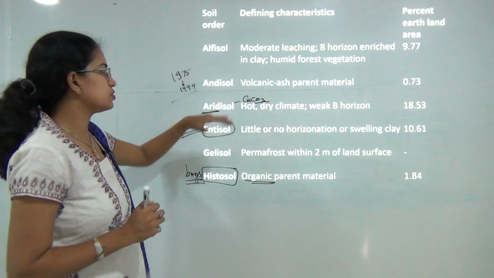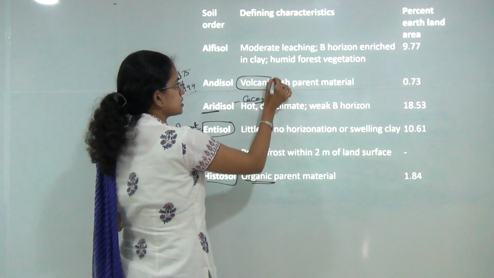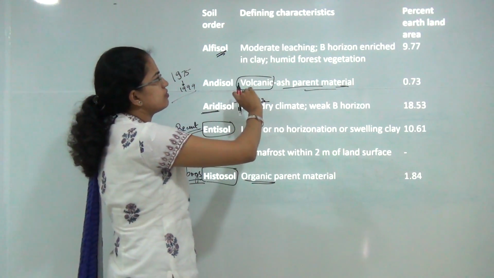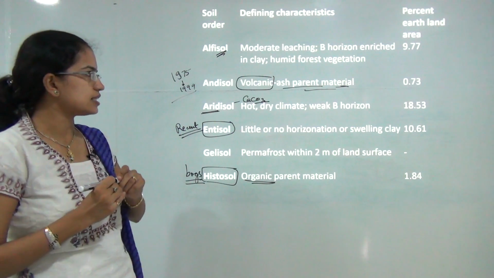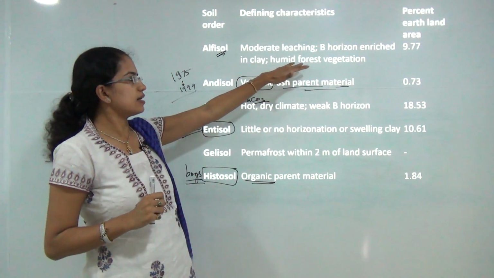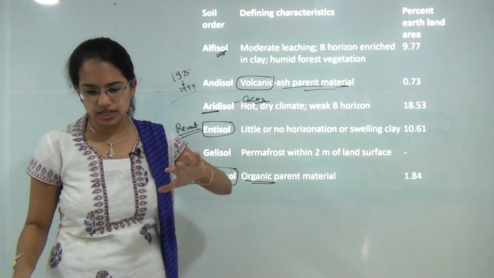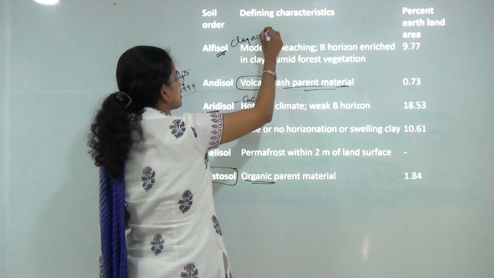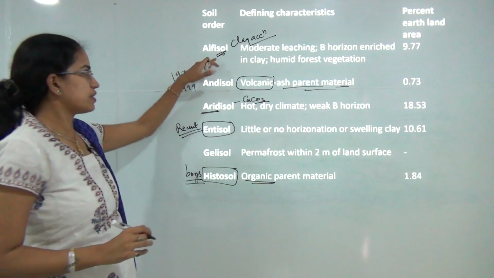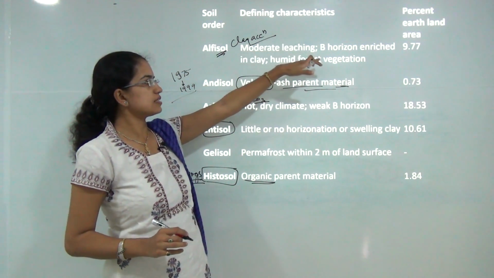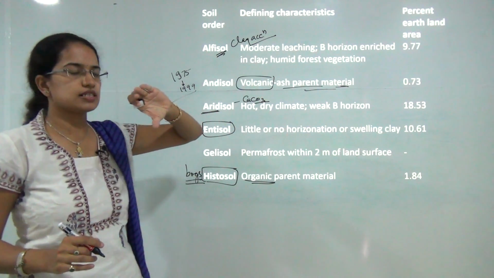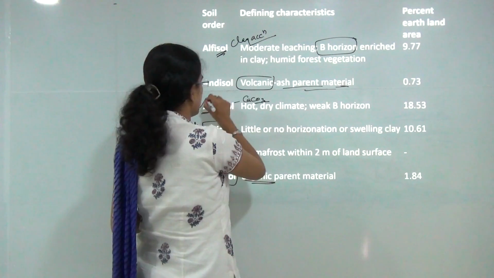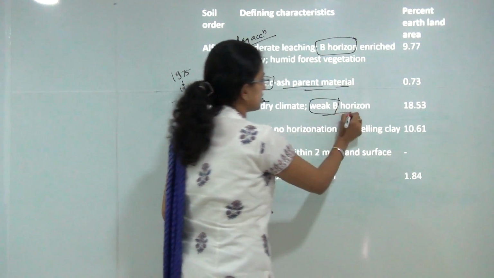Then you have Andisols, which are mainly volcanic in origin. So you have ash as the parent material. And finally Alfisols, which are due to moderate leaching. It's found in the humid forest areas, and there is a lot of clay accumulation. So another important characteristic of Alfisol would be clay accumulation besides clear horizonation, specifically in the case of the B horizon, while you would have Aridisol with a very weak B horizon.